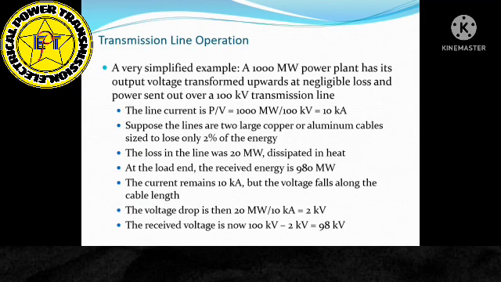So instead of receiving 100 kilovolt at the load side, you are receiving only 98 kV. Dear students, this is what we want to discuss about the voltage regulation issue and the efficiency. When we plan a transmission line, we must consider these two aspects.